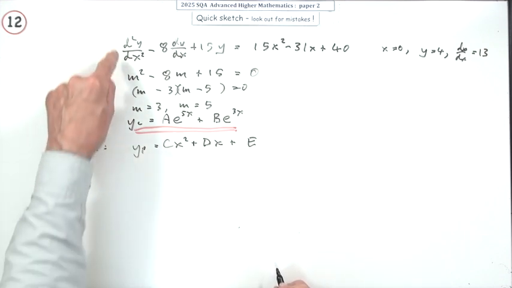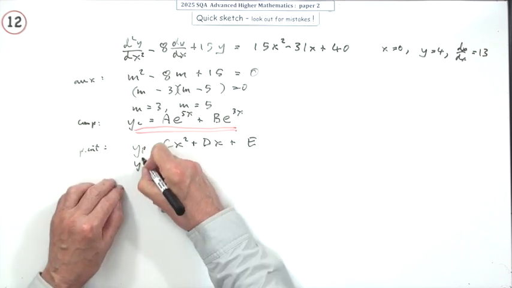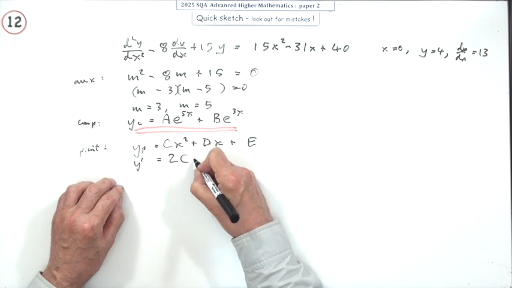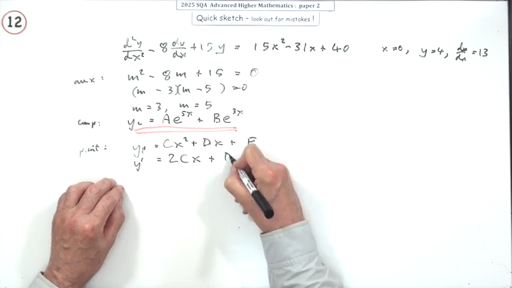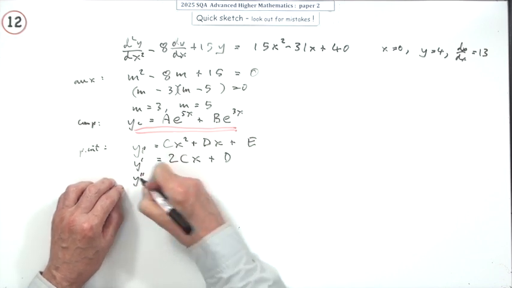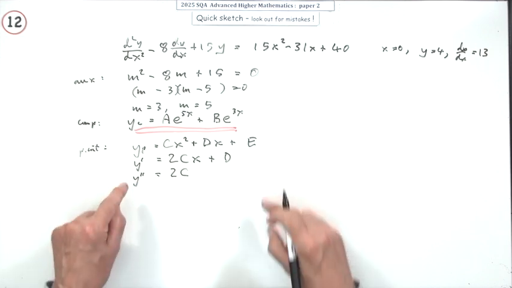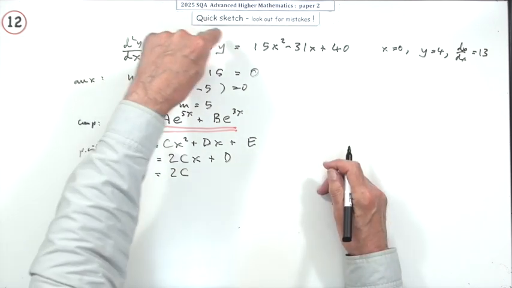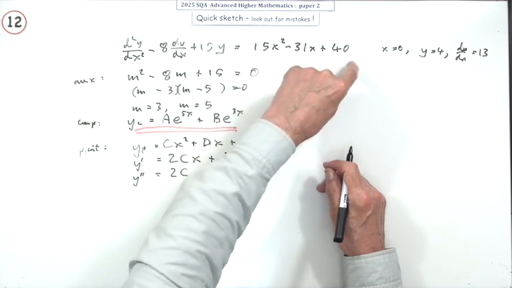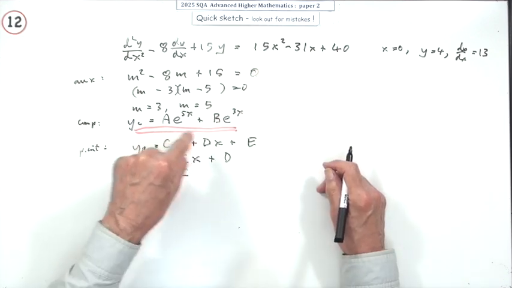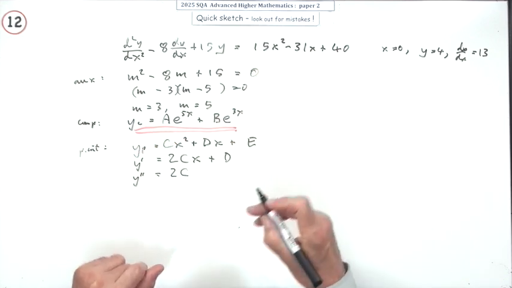And to see if that works, I just feed it into that. So I want the first derivative, which will be 2cx plus d, and the second derivative is just 2c. Then feeding those three into those three parts and equating it to this term by term will give you the values of c, d and e if they work.